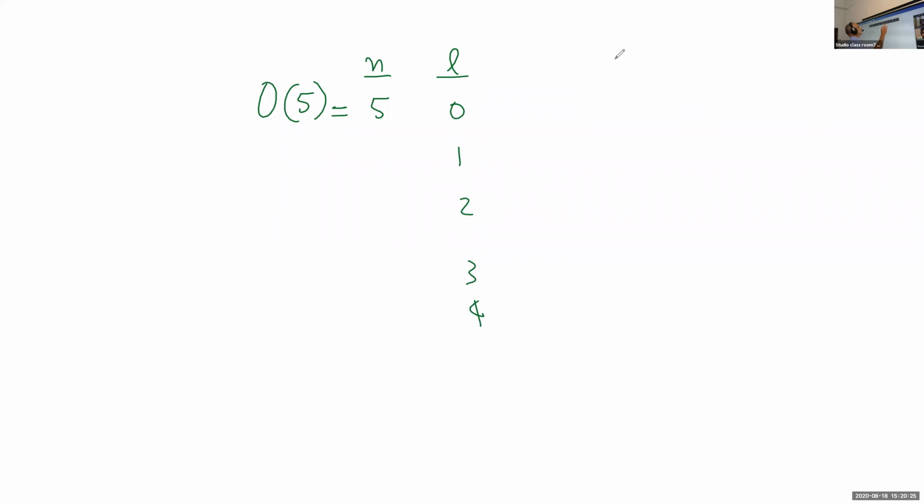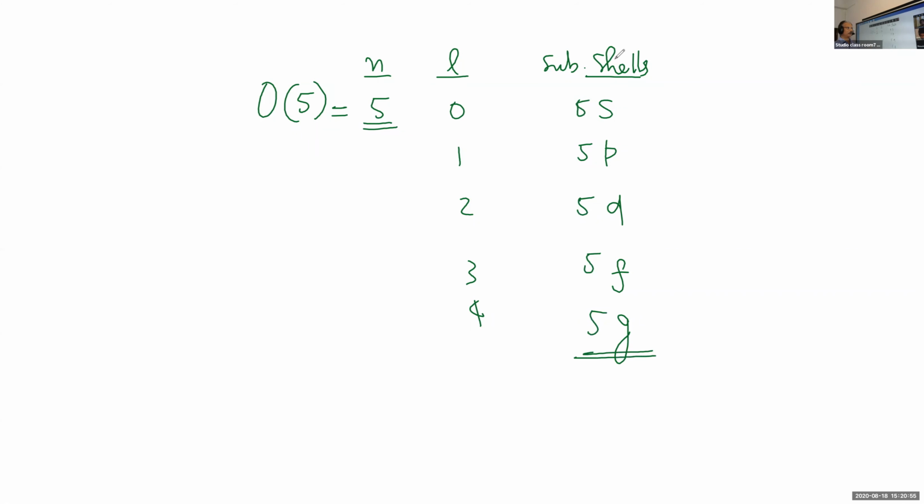And which are the subshells? The names of the subshells: s, p, d, f, and g. And these are of the fifth shell. So 5s, 5p, 5d, 5f, 5g. So g is possible only from 5g.